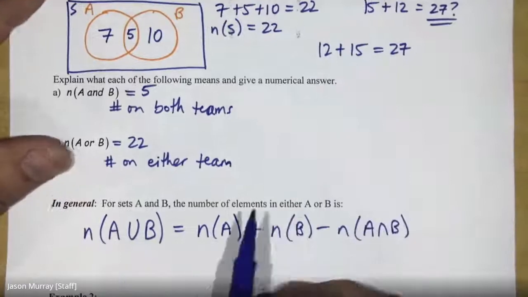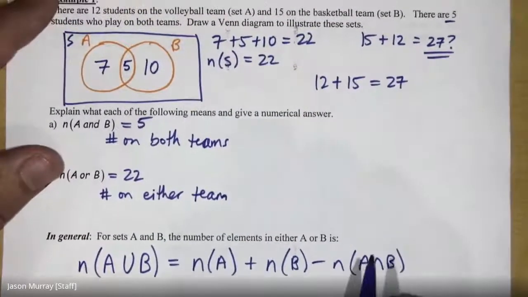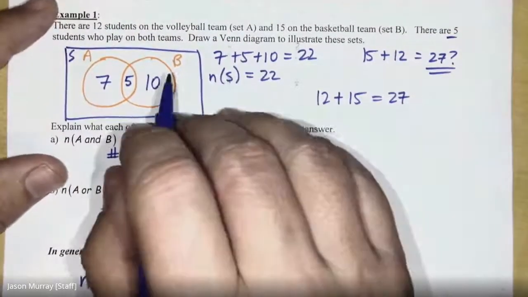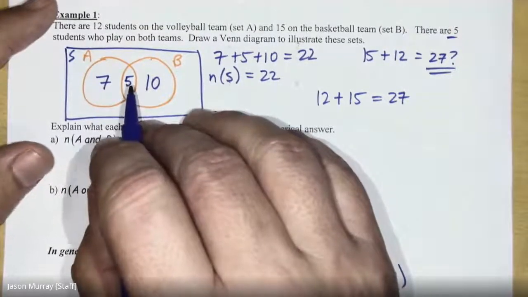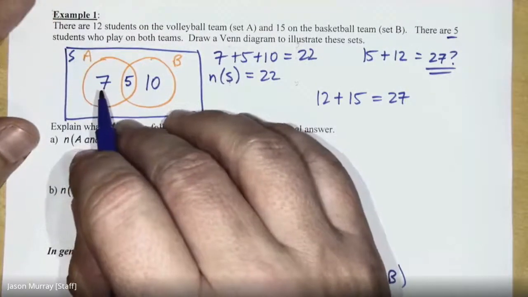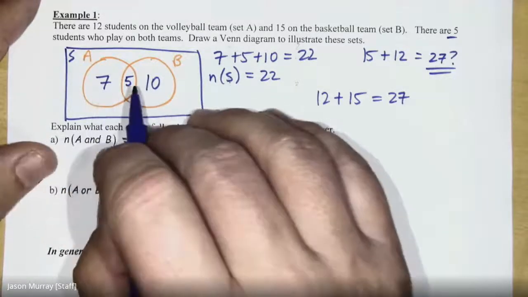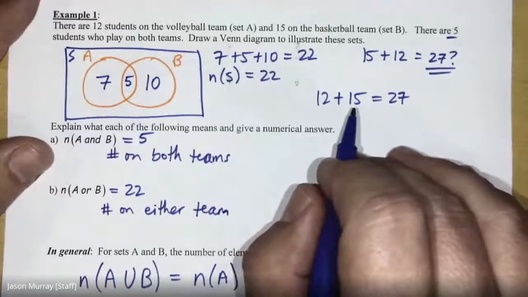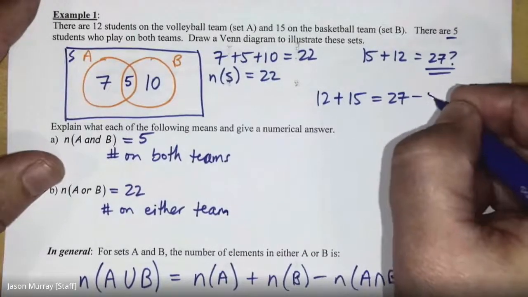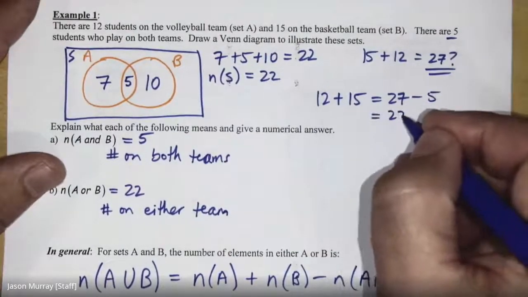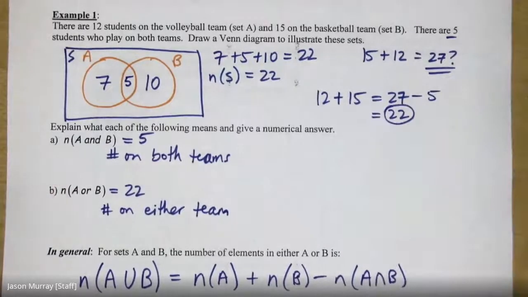So the principle of inclusion and exclusion means we still want to attach those 5 somewhere. You could either attach them onto the volleyball team or you could attach them to the basketball team, but you can't attach them to both. That's what we've done here by saying 12 plus 15. So that's why when we subtract 5 away, we end up with our actual total of 22, because we have to get rid of or exclude that extra double count. Does that make sense, Gavin? Yeah. Okay, Hannah.